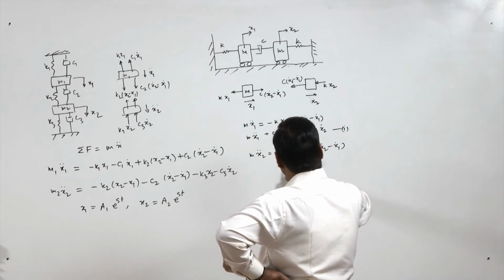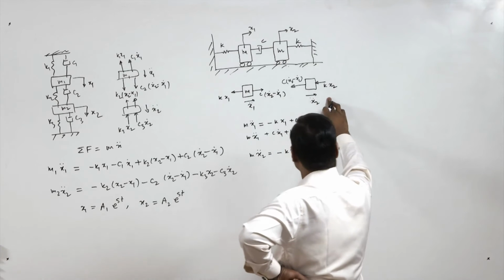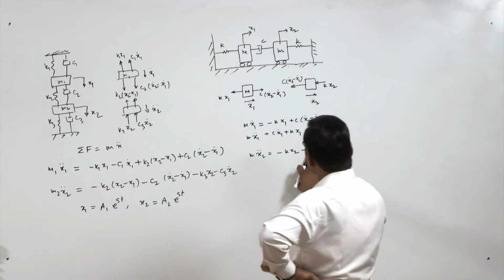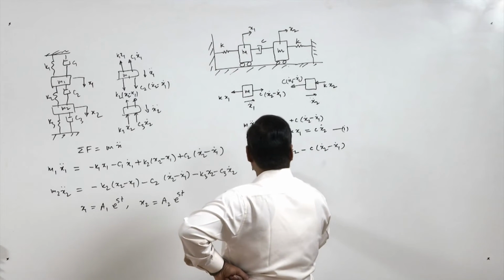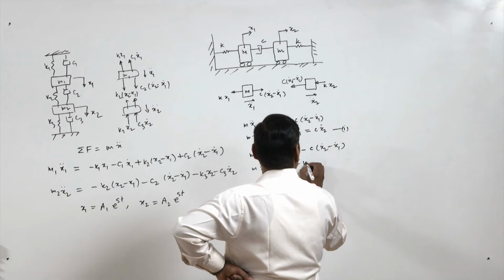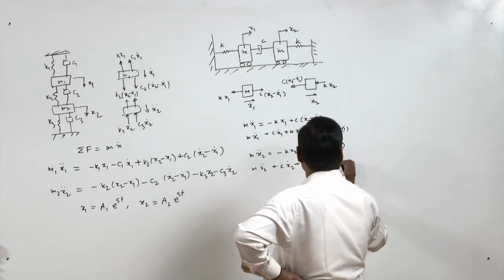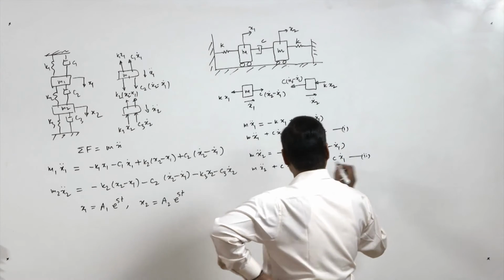So minus K x2 and minus, because this is in this direction and they are opposite forces, so they will have a minus sign. So here m x2 double dot plus C x2 dot plus K x2 equal to C times x1 dot. So this is equation number 2.